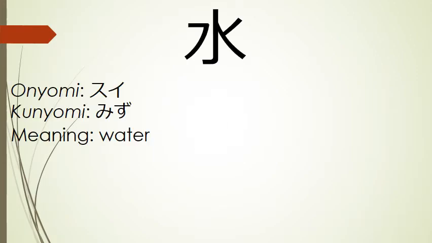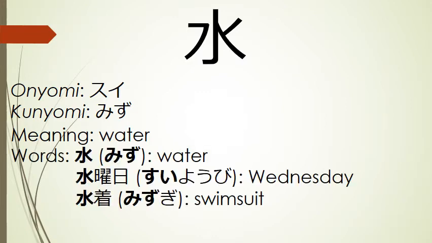Our next kanji is the kanji for water. Its onyomi is sui, and its kunyomi is mizu. Words that use this kanji include mizu, water, suiyobi, Wednesday, and mizugi, swimsuit.